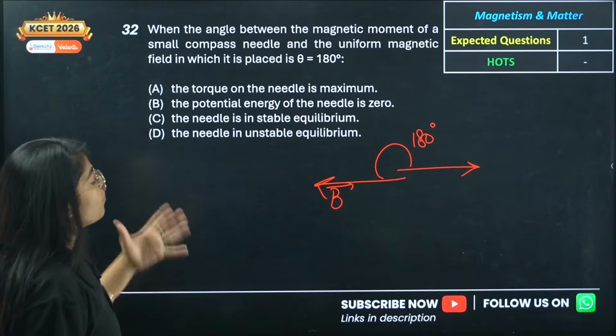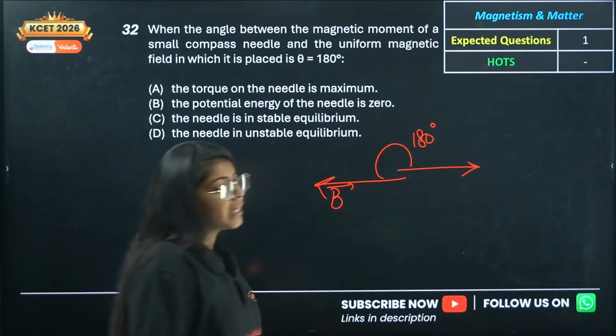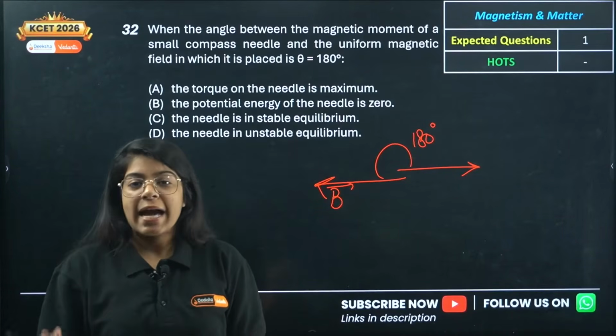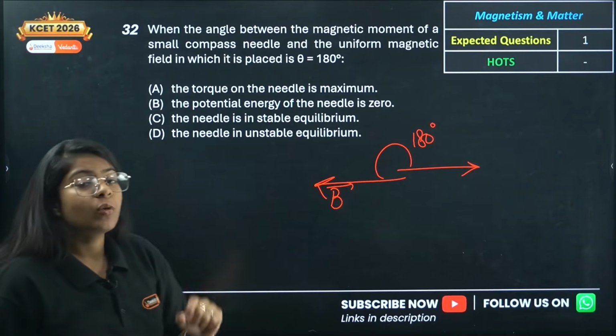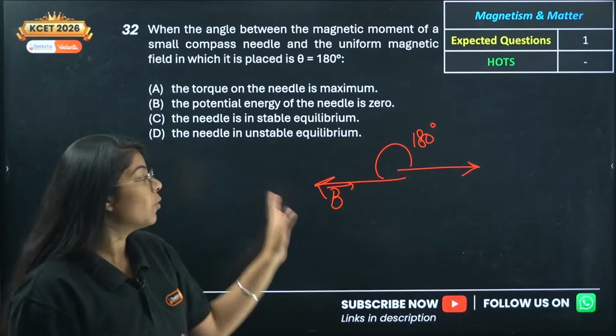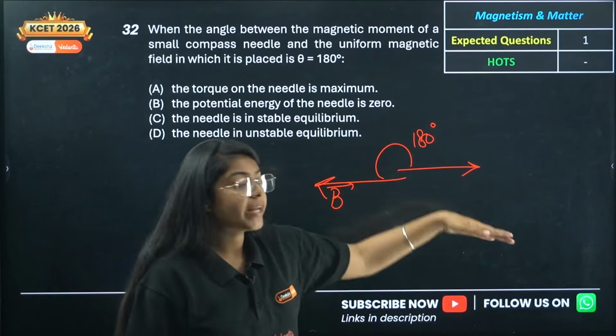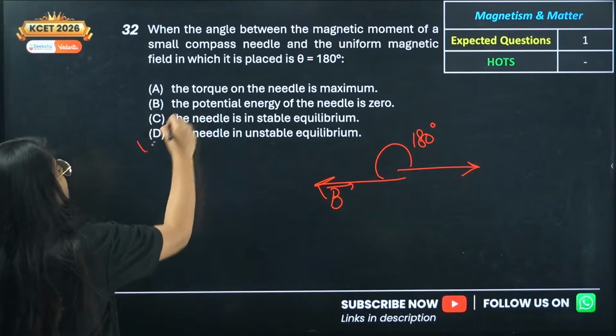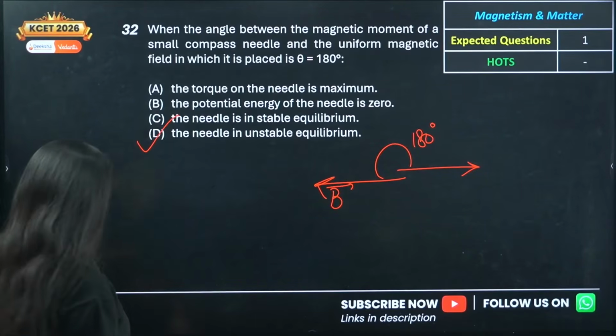What will be the option? It will be in equilibrium because it is totally opposite to the direction of magnetic field, but it will not be stable equilibrium. If it was in the same direction, then it would have been stable equilibrium, but in this case it is unstable equilibrium.